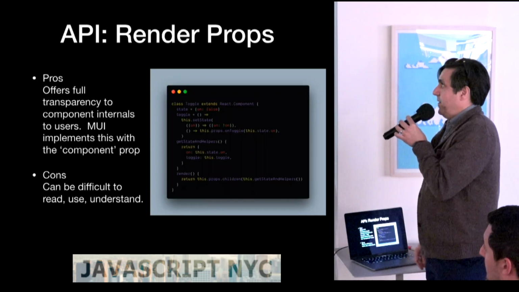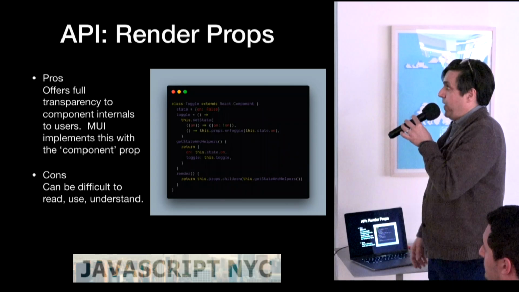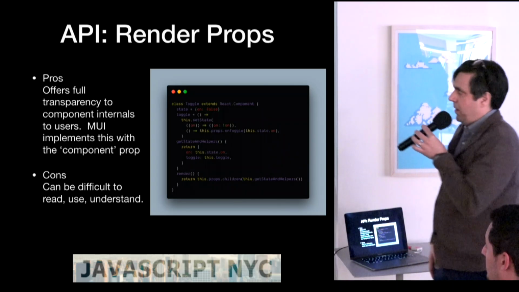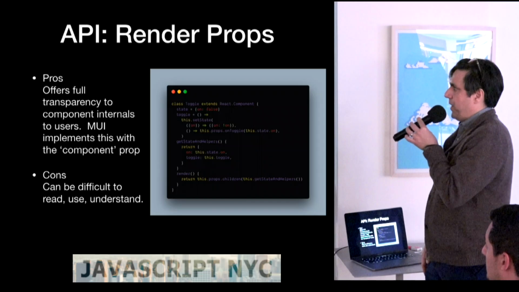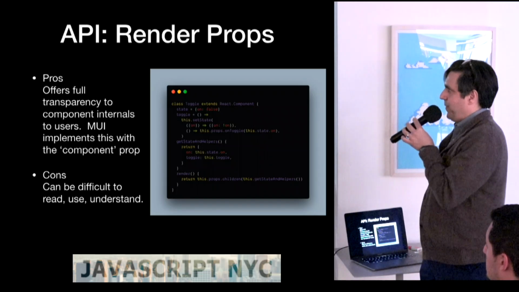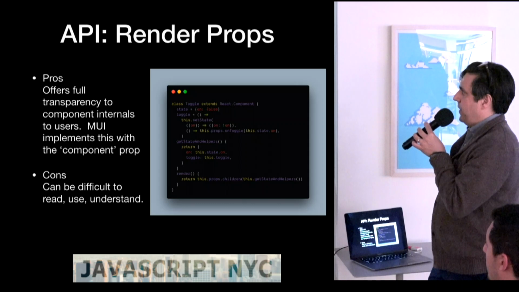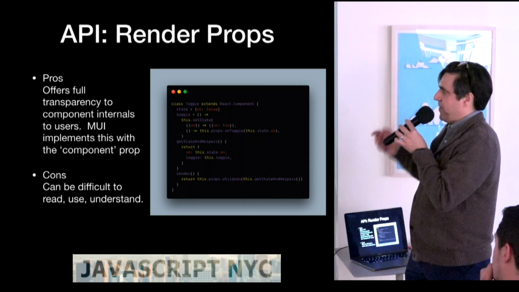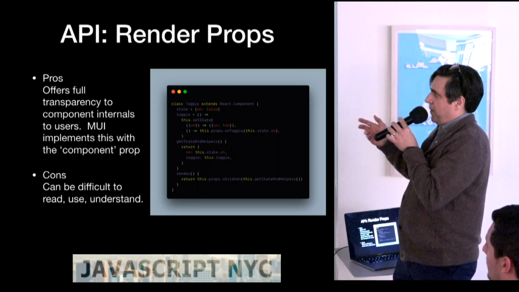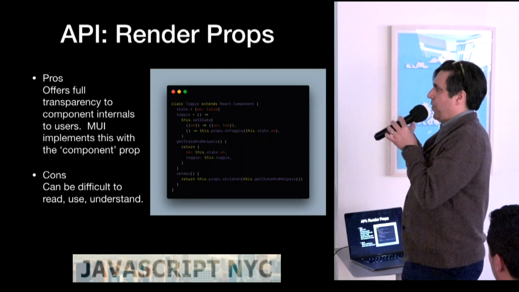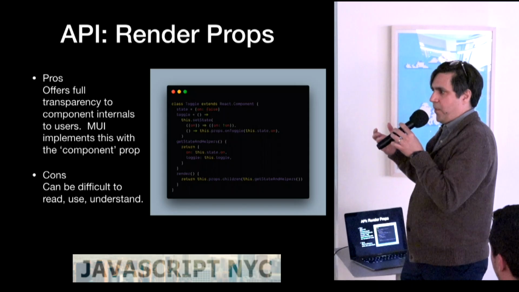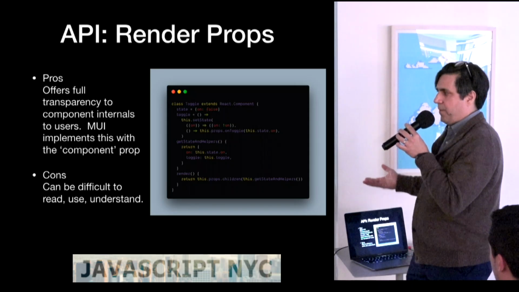All right, and then the next pattern we have is render props, which is really becoming the favored way to do things. Well, maybe hooks will be the favorite way to do things, but right now, if you want to pass in a component or pass in a function, basically a component is a function, so you can have access to all the internals of a component and pluck out what you want and let other things pass through.